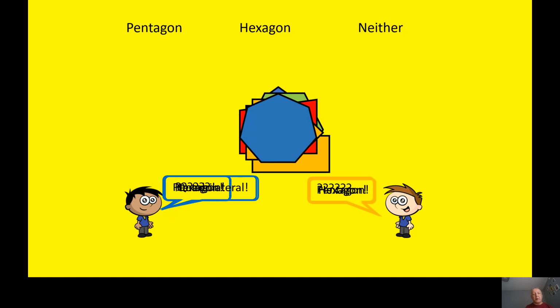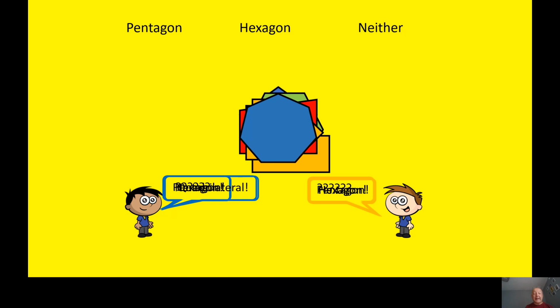Now, this is an interesting one. 1, 2, 3, 4, 5, 6 sides. They are not regular, which means they are of different lengths. And this one, count the sides, 1, 2, 3, 4 sides, and therefore it is a quadrilateral.